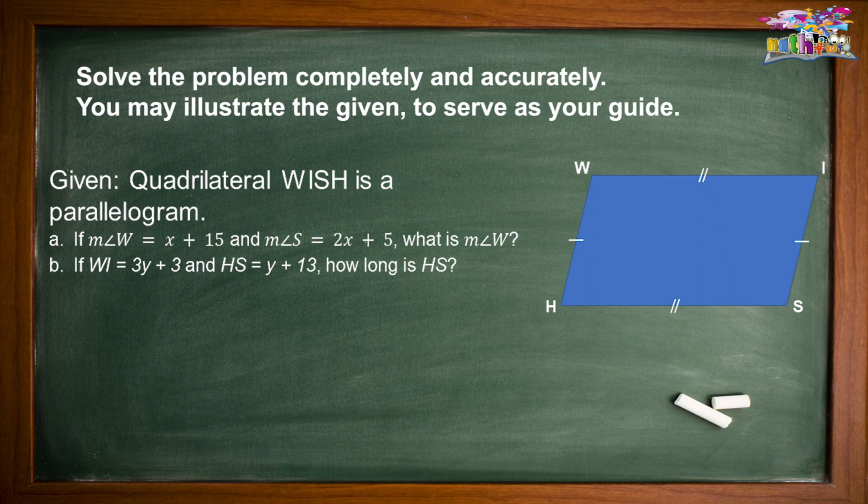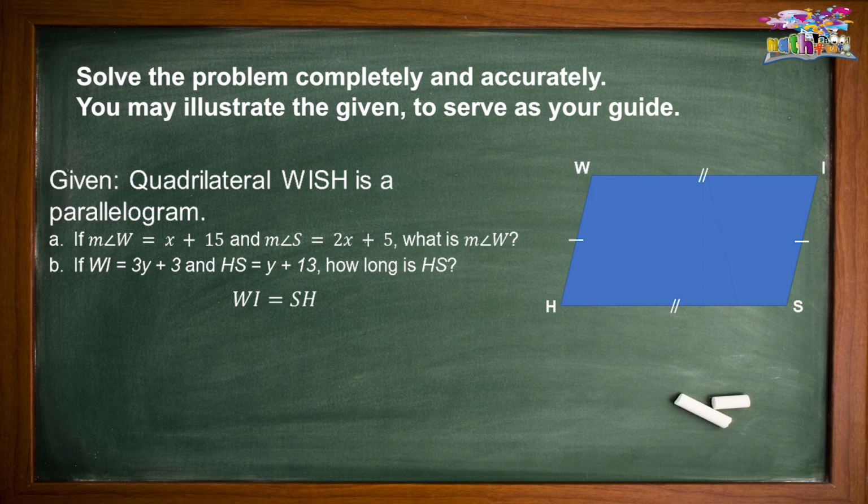Looking at the same illustration, if WI is equal to 3y plus 3 and HS is equal to y plus 13, how long is HS? WI and HS are opposite sides of parallelogram WISH. Therefore, they are also congruent or equal in measure.